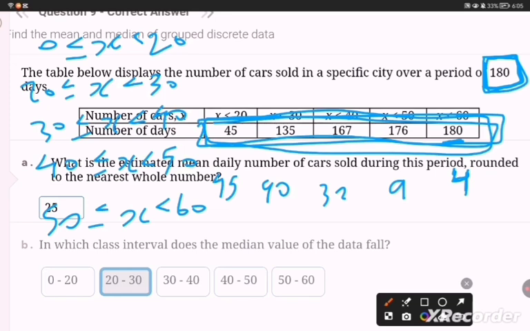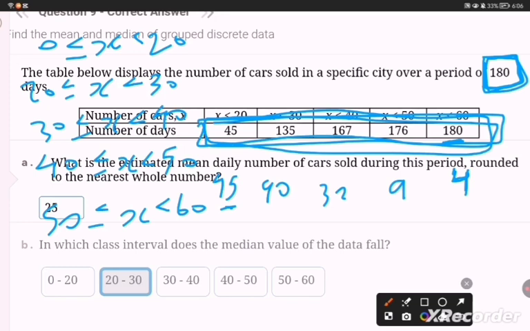So now to find the mean, all you have to do is just find the midpoint of the class intervals, multiply them by the frequencies. So from 0 to 20, the midpoint would be 10. So you do 10 times the first frequency, so 10 times 45, okay? And then 20 to 30 is 25 times 90.